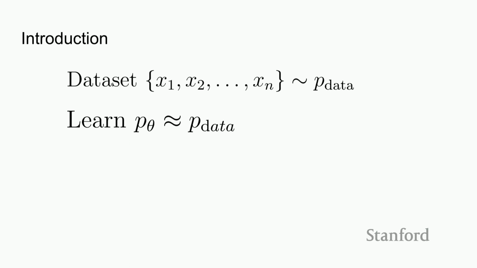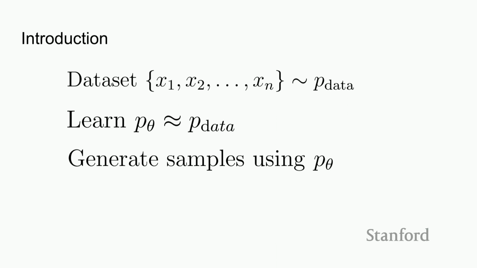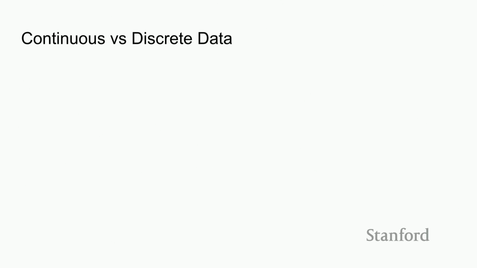And assuming we can learn our p theta well enough, we can generate new samples, maybe new interesting samples would be the interesting part, using our parameterized p theta. And now, if we can do everything together, everything works out, we profit. But there's kind of a bit of math that goes in between, as you all know.